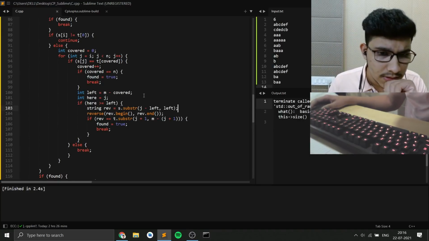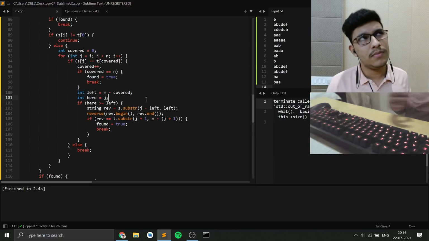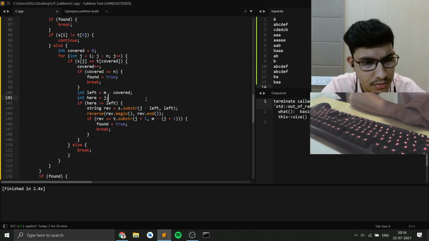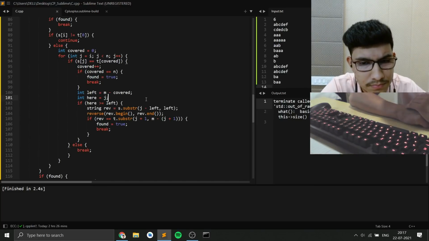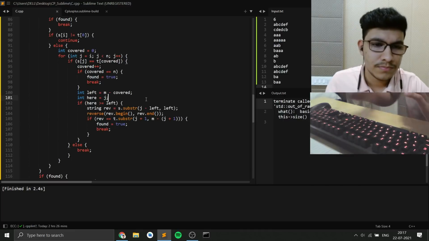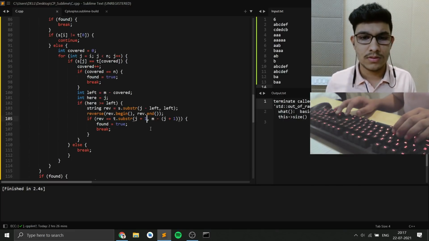Okay, I think there is another issue. So here equals j. It basically means how many characters are left towards the left side in string s. So if here is greater than or equal to left, j minus left, substr.